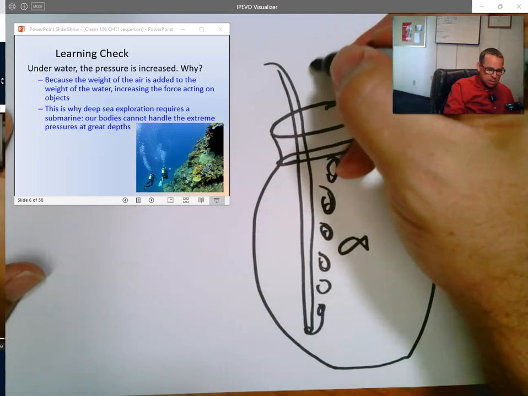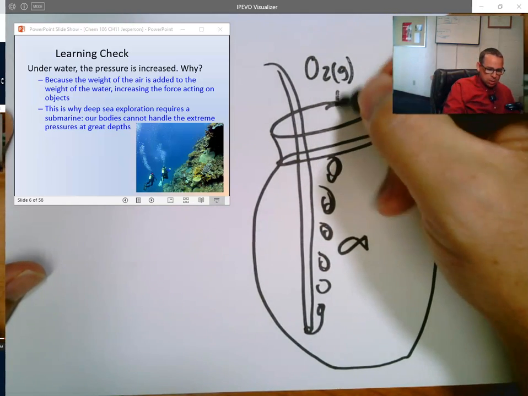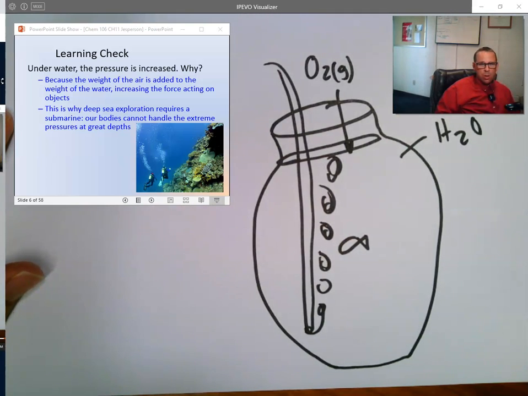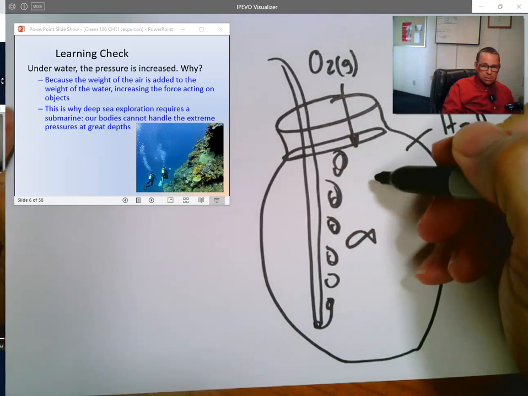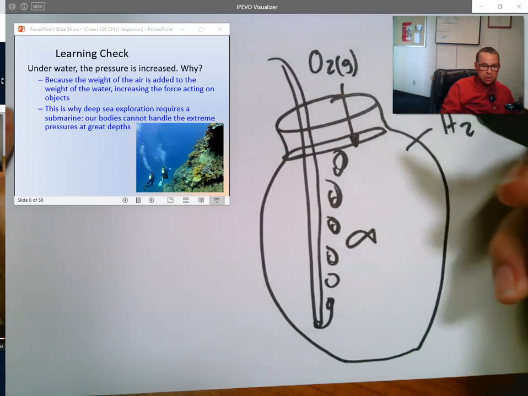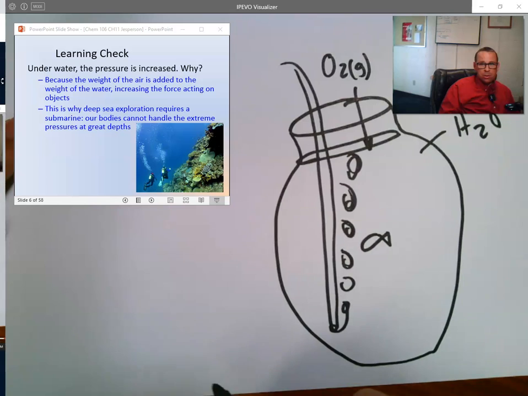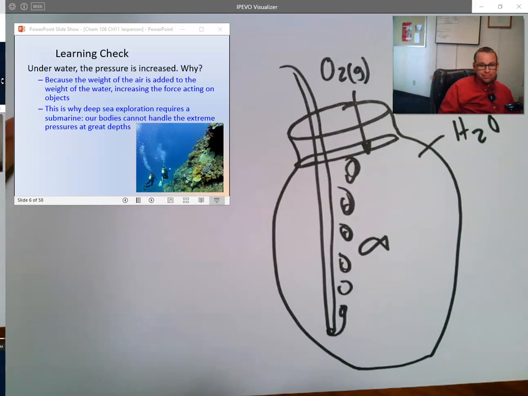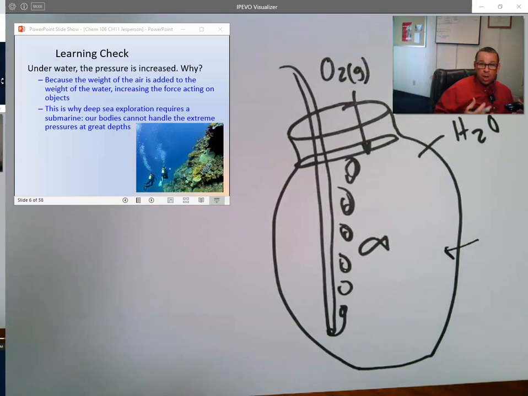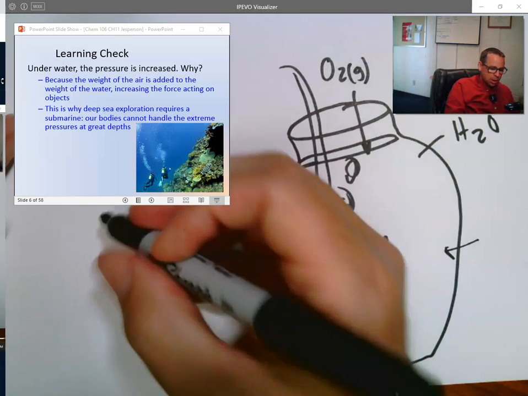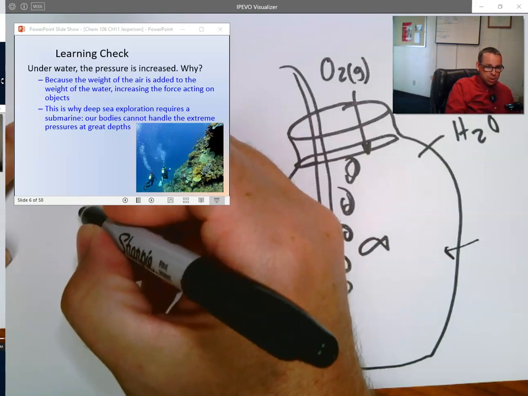So we have a gas, O2 gas, dissolving into that water. Now I can increase the amount of gas, oxygen, nitrogen, whatever it is, that will dissolve in that water a couple of ways. I can cool down the water. If you cool down the water, then more oxygen will be able to be dissolved in it. I can also just kind of push it in, right?